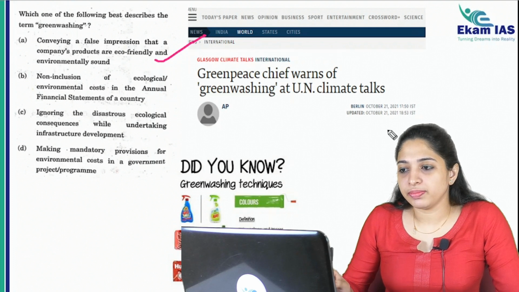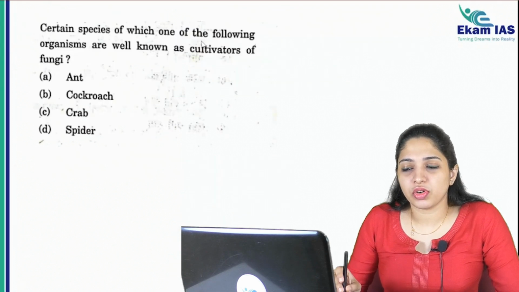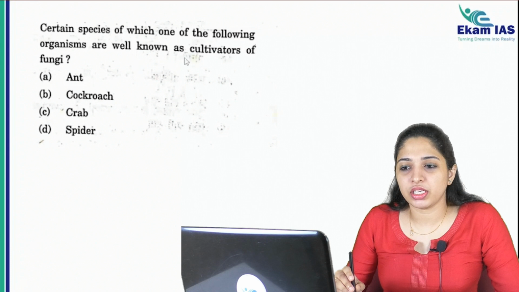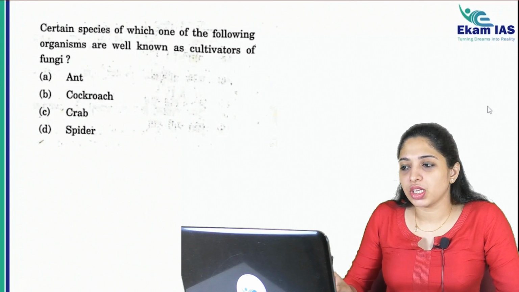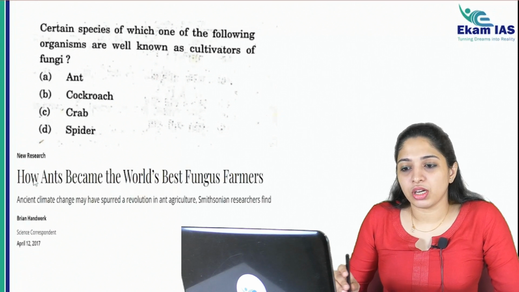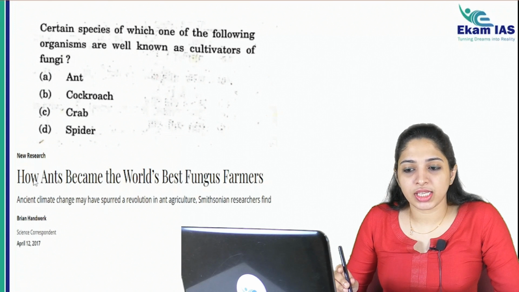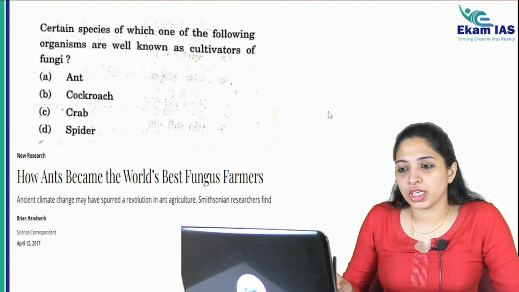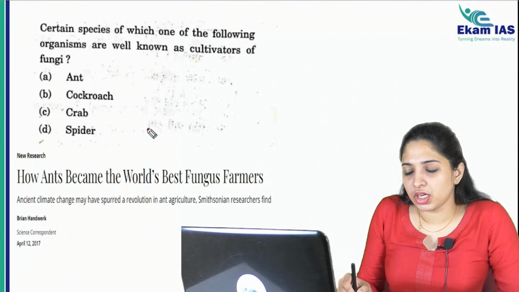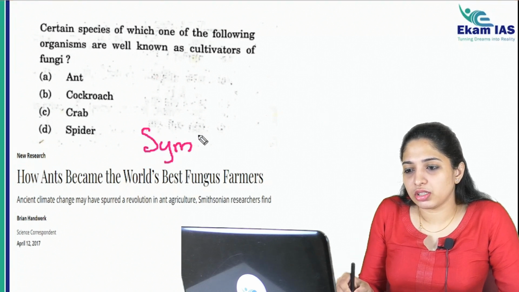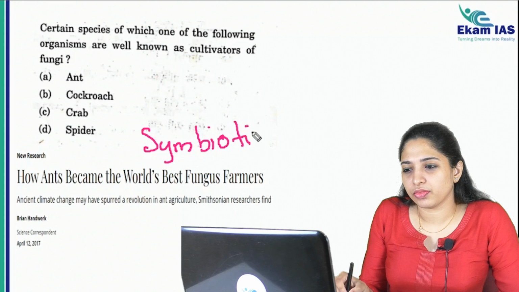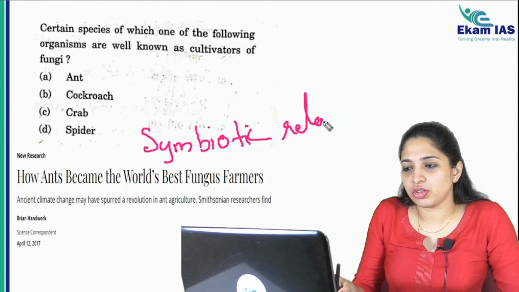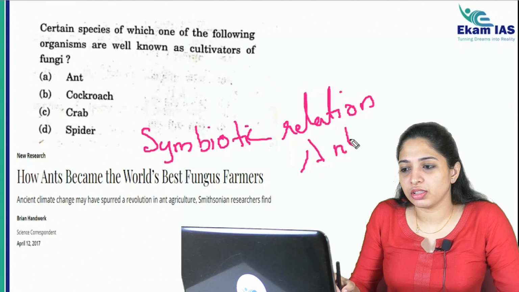And the next question, certain species of which one of the following organisms are well known as cultivators of fungi? Here the news came in Science Correspondent, and here we have a symbiotic relationship between ant and fungi.